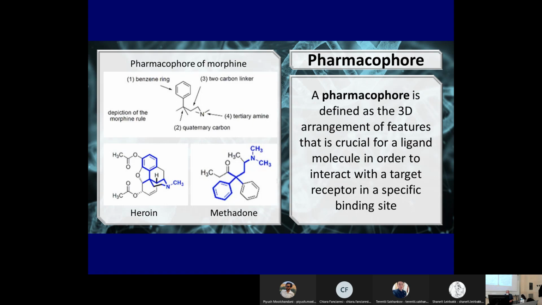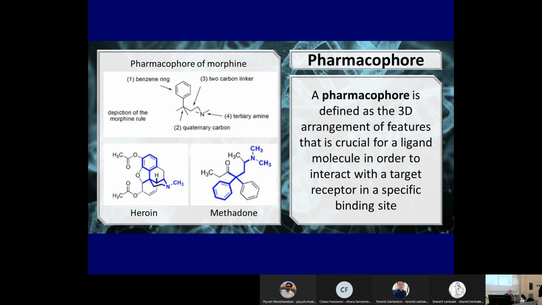You can see here in this example. On your left, you can see the chemical structure of heroin. It's a complex structure. You can see 5 rings fused together, basic nitrogen atom, 2 esters, very big molecular weight.